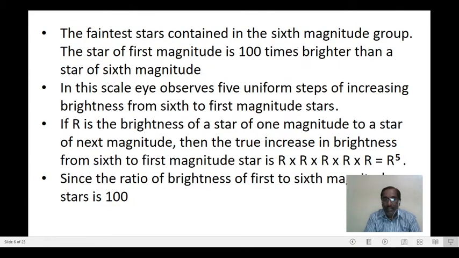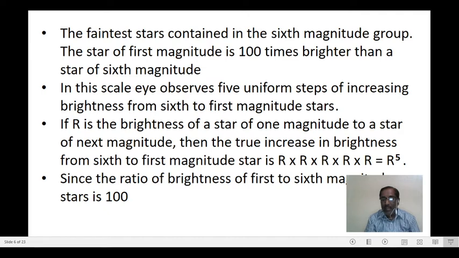The faintest stars were contained in the sixth magnitude group. The star of first magnitude is 100 times brighter than a star of sixth magnitude. In this scale, the eye observes 5 uniform steps of increasing brightness from sixth to first magnitude stars.